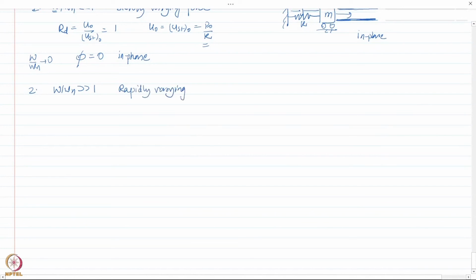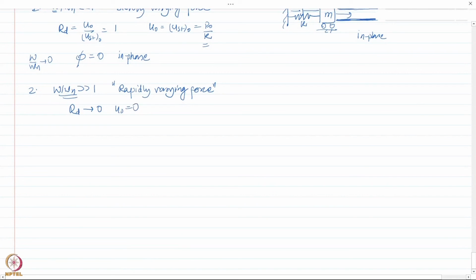For a rapidly varying force, if you substitute this value, your u naught, or your Rd, basically tends to 0, and your dynamic displacement is actually 0.